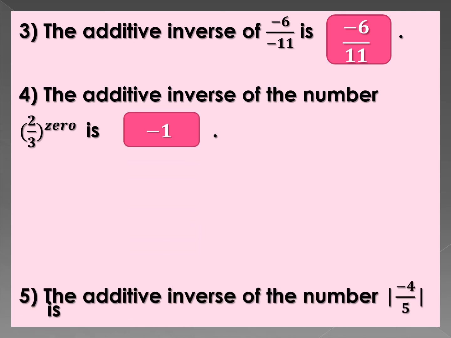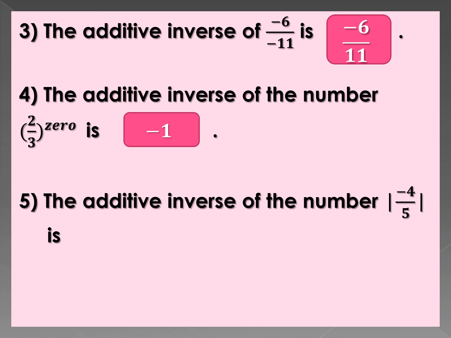The additive inverse of the number negative 4 over 5, in the absolute value. The absolute value of any number is the positive of this number, so negative 4 over 5 will be 4 over 5. And the additive inverse of 4 over 5 will be negative 4 over 5. Okay. Calculate 1 over 4 plus 25 over 8.